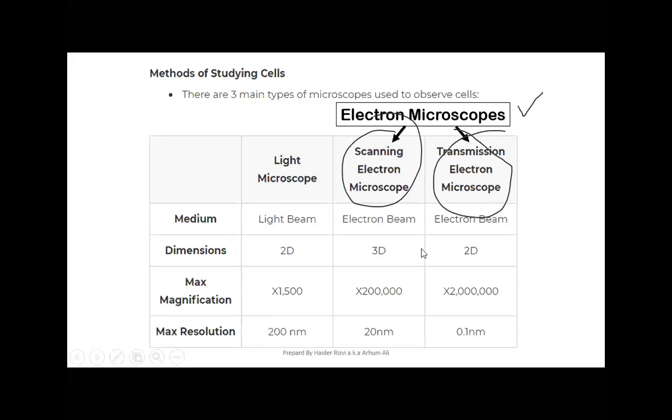Whenever आपसे कोई question or whenever कोई MCQ आपसे demand करेगा about the resolution or the magnification of the light microscopes or the electron microscopes, तो आपको इनकी values का पता होना चाहिए. What I mean is कि ये दोनों tables जो हैं आपको याद होने चाहिए ताकि आप अपने questions कर सकें as well as आपके जो MCQs है उसमें हेल्प कर सकें.